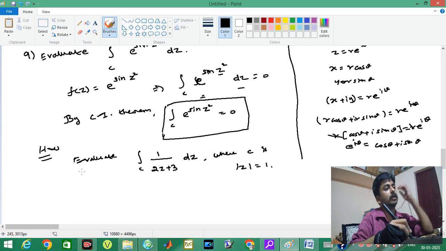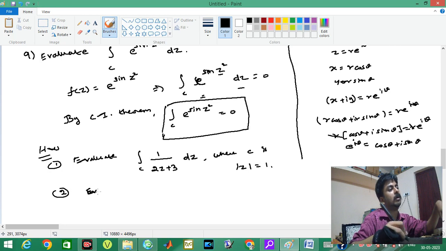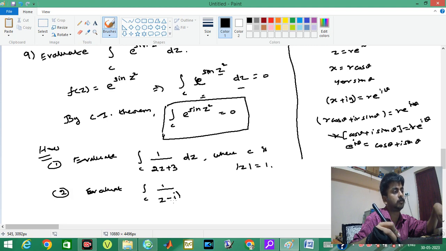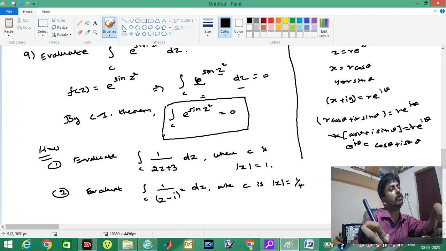In the same way, evaluate the integral over C of 1 divided by (z minus i) whole square dz, where C is given by modulus of z equal to 1 by 4.